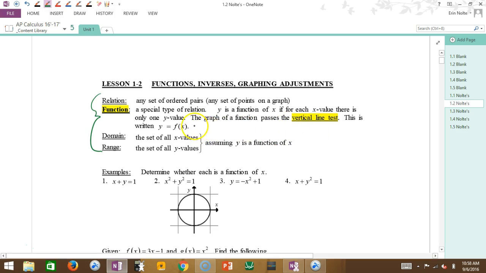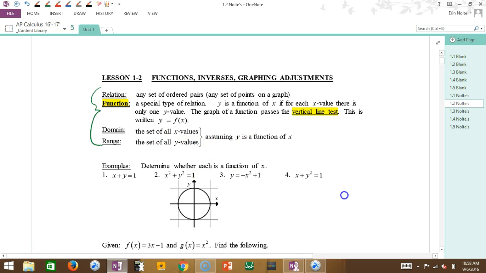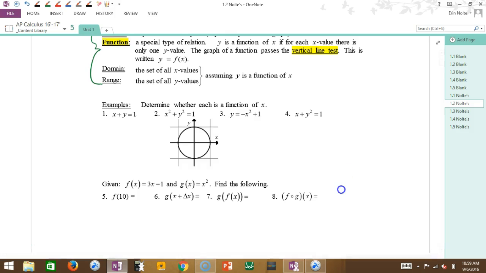So that directly relates to the vertical line test. You can't have 2 points that are on top of each other, otherwise it's not a function. Do remember the domain is simply your x values and your range is simply your y values. So that should be a review for you.